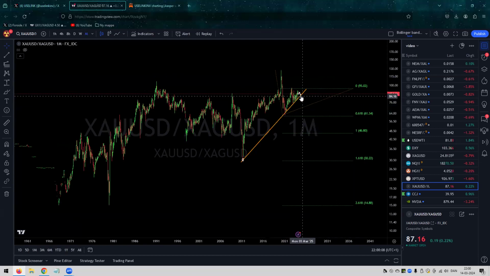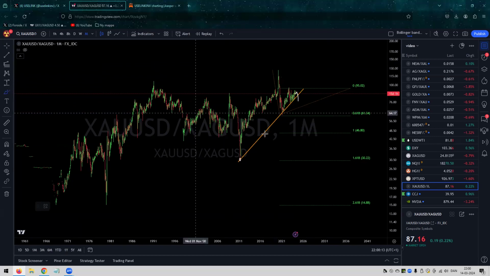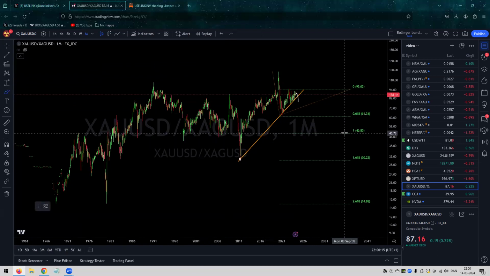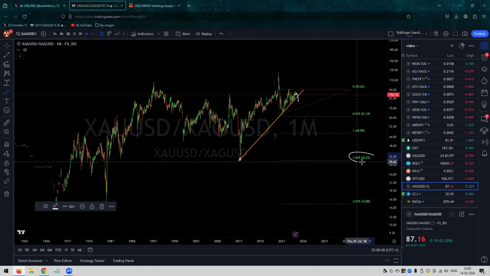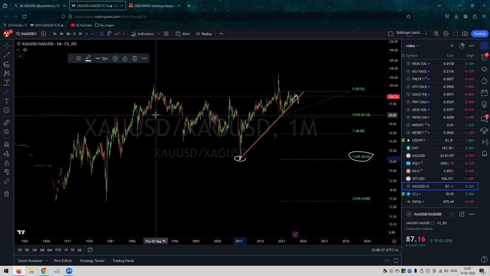Basically what this means, if we start to break here, in my view, is that we will have a triggering event that leads to a move down to right here. Not directly, we have a lot of support on the way, but the 1.618 fib is the exact level of the 2011 low in the ratio. Very high correlation. You can see that it's basically dead on.